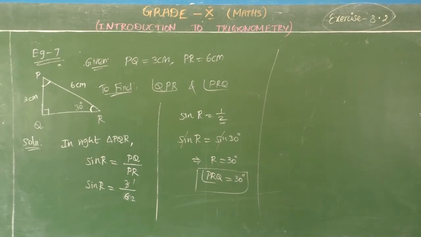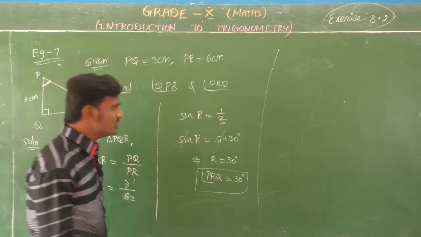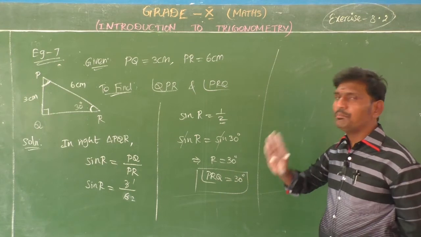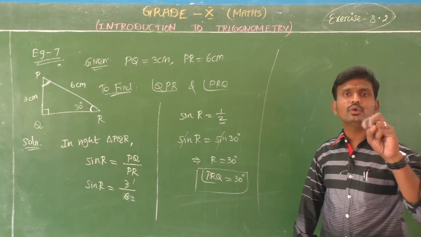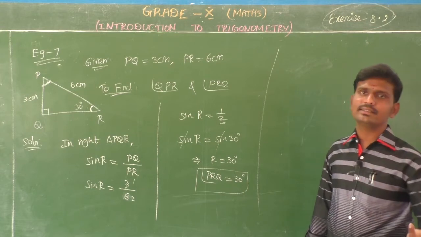Hey students, so the angle PRQ is 30 degree and next I am going to find the angle P. It is also very simple. Already I told you that the value 1 by 2 we take at two places: sin 30 degree and cos 60 degree.